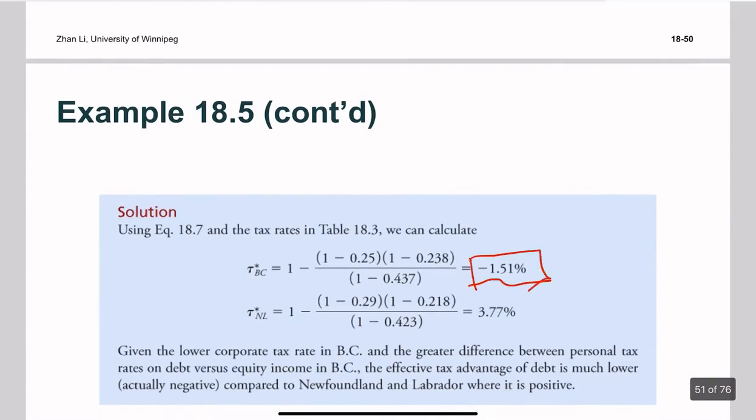minus. So in the case of British Columbia, it's actually very interesting. It basically says that if you consider the personal tax differences, then you can see that there is basically negative tax advantage. That is, there is just tax disadvantage. So it basically implies in BC, if a firm uses more debt, it will actually reduce its value. Right? So it's pretty interesting.